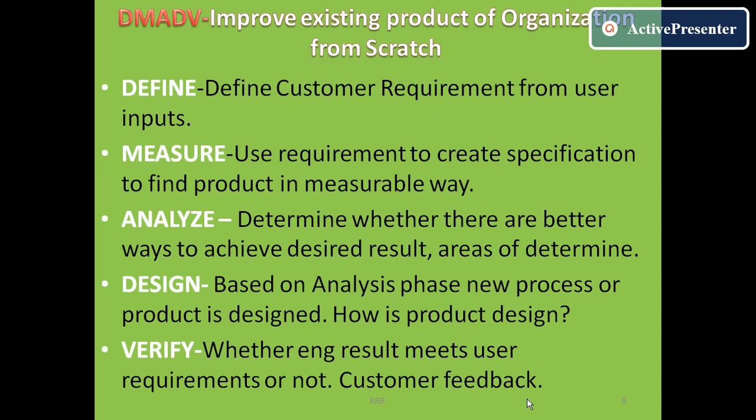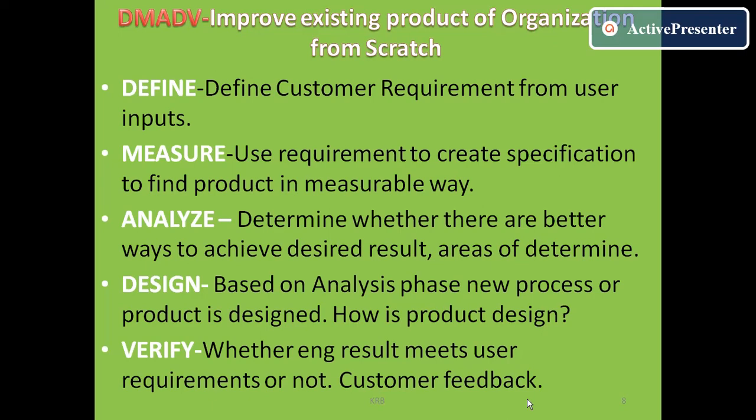In DMADV, define focuses on defining the customer requirement from user input, and measure uses requirements to create specifications to define the product in a measurable way. So here, after defining the customer requirements, we note down the measurements of the product which we want to develop.